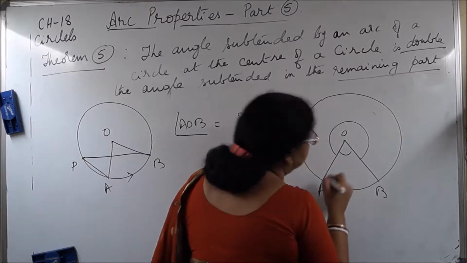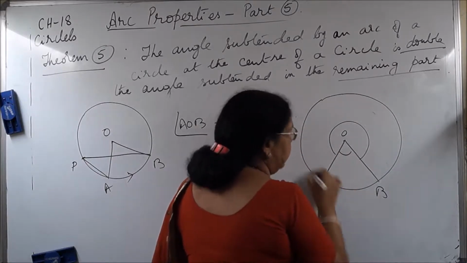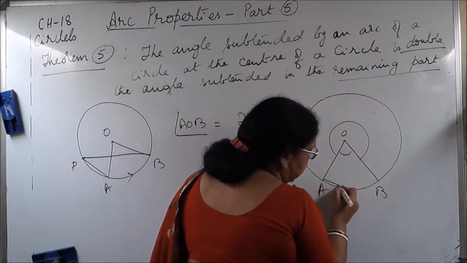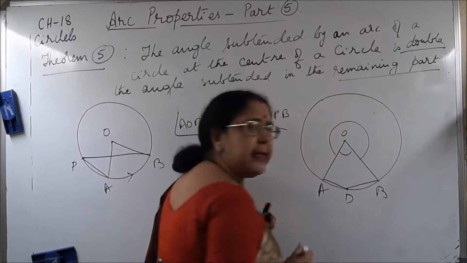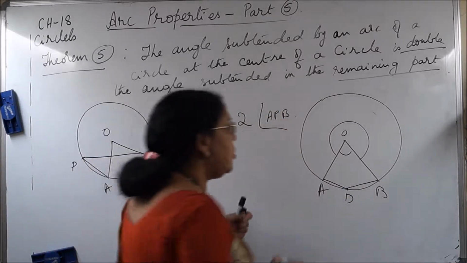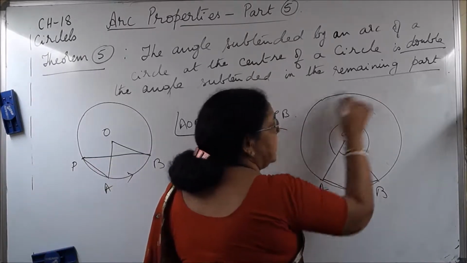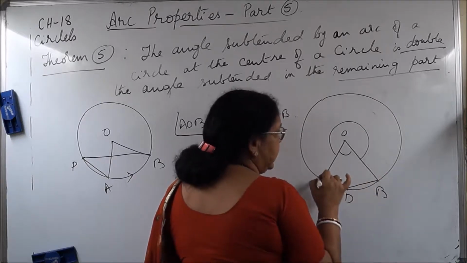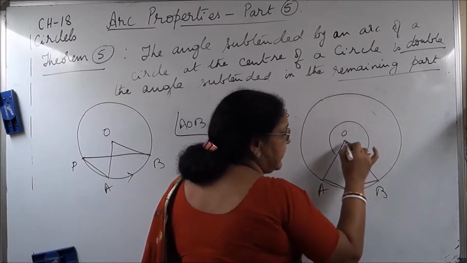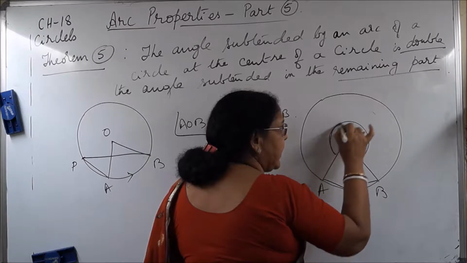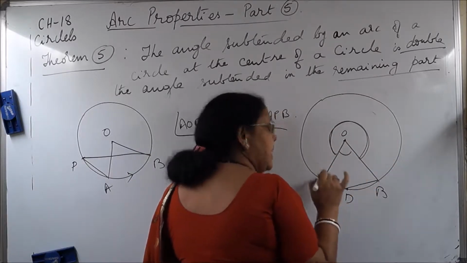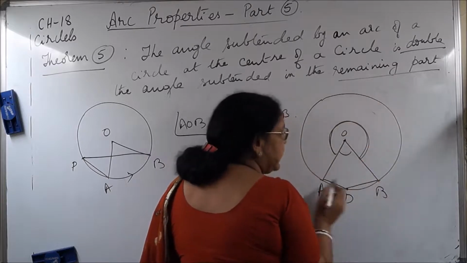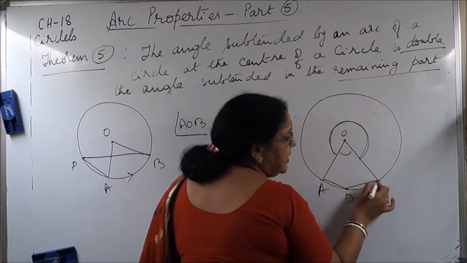So here the major arc AB subtends an angle at this point, say we call it D. The same major arc is subtending the reflex angle AOB at the center. Now the same arc is subtending an angle at any point in the remaining part.